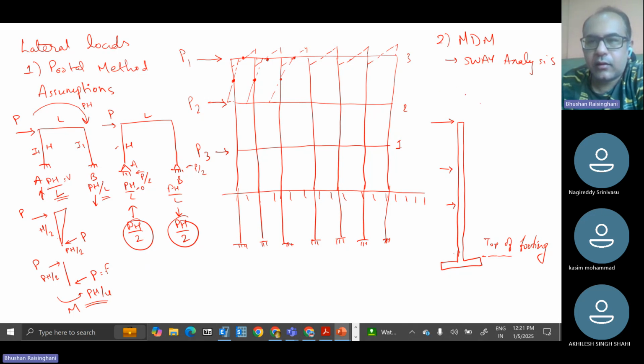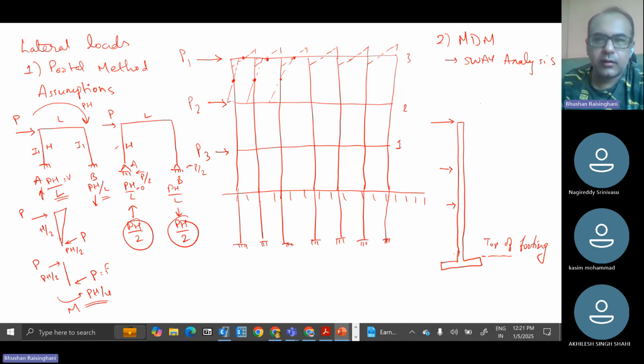In the sway analysis, you consider the lateral loads and that way you solve the problem and find the bending moment and shear forces for the given frames. So if I1 and I2 are not the same, you will use the sway analysis method of MDM, moment distribution method. So that is for the lateral loads, gravity loads.